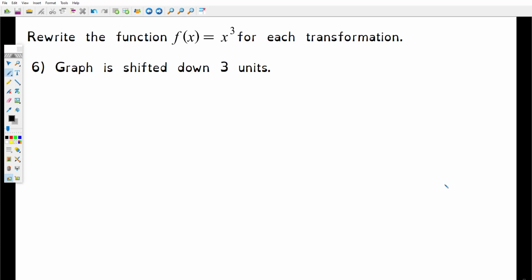In this next bit, we're going over the transformations. Remembering how that works, if we have f of x equal to x cubed, g of x, anything out here multiplies the y.